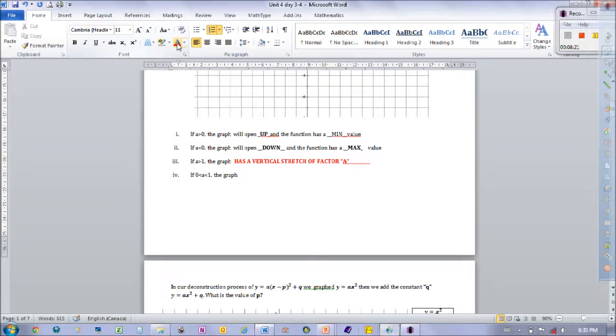If the a is between 0 and 1, a fraction with a value less than 1, the graph has a vertical compression of factor a.